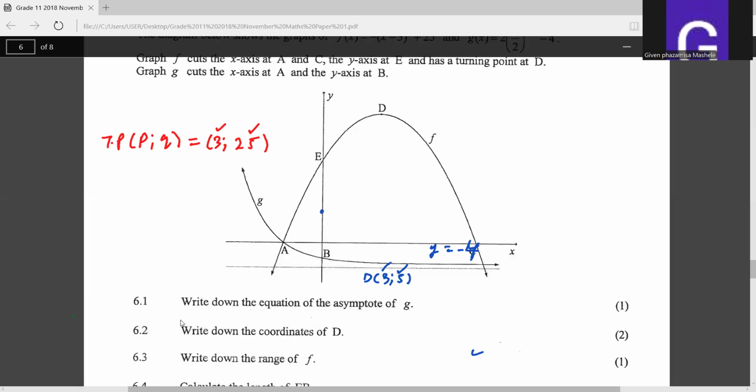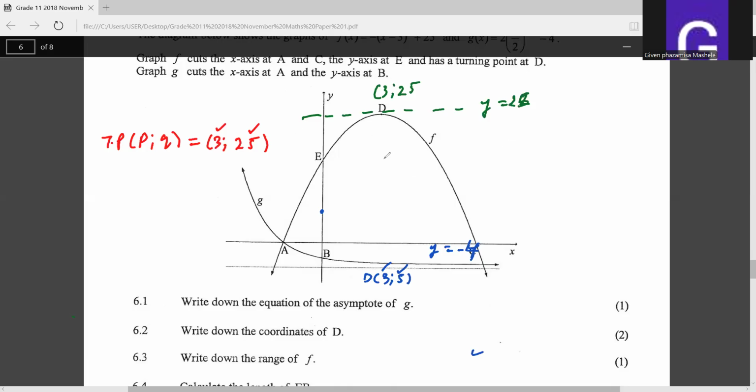The turning point of the graph is 3, 25, which means the y value is 25, because we want to talk about the range.